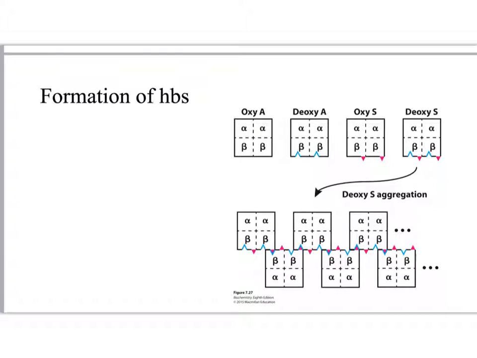Those aggregates are forming based on what's going on in the different portions here. Here we're looking at oxygenated versus deoxygenated. In this figure, the red triangles are representing the mutation that can occur to form hemoglobin S. In both cases, we end up with these little hydrophobic patches that are formed based on the arrangement of the amino acids that are present.